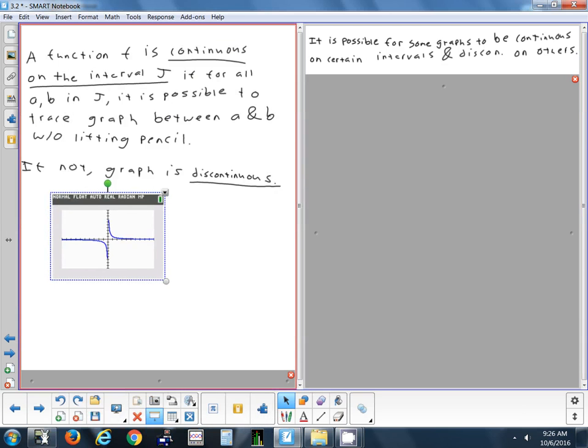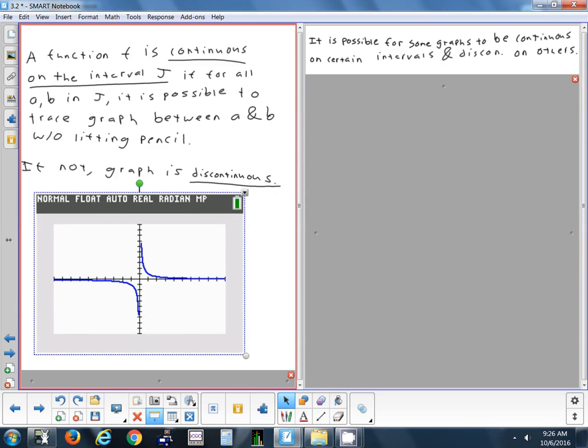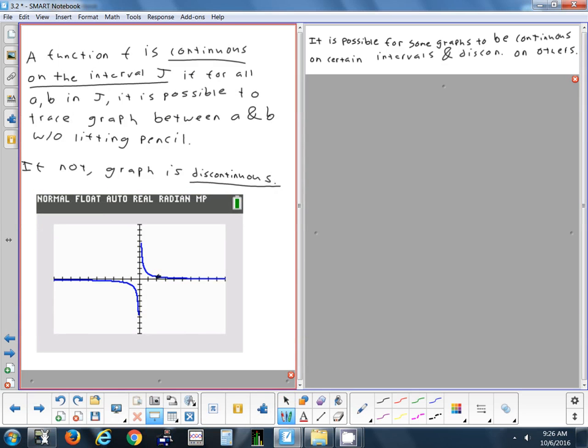If you asked me, is that continuous or discontinuous, I'd say, well, you need to be a little more specific. Is it continuous everywhere? No. Is it continuous in some places? Yes. If you asked me to trace from here to here, I can trace on that interval without lifting my pencil.